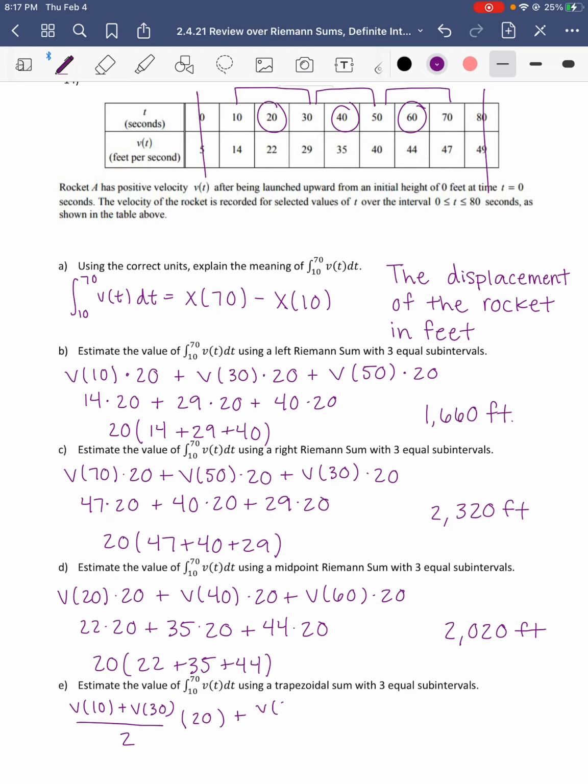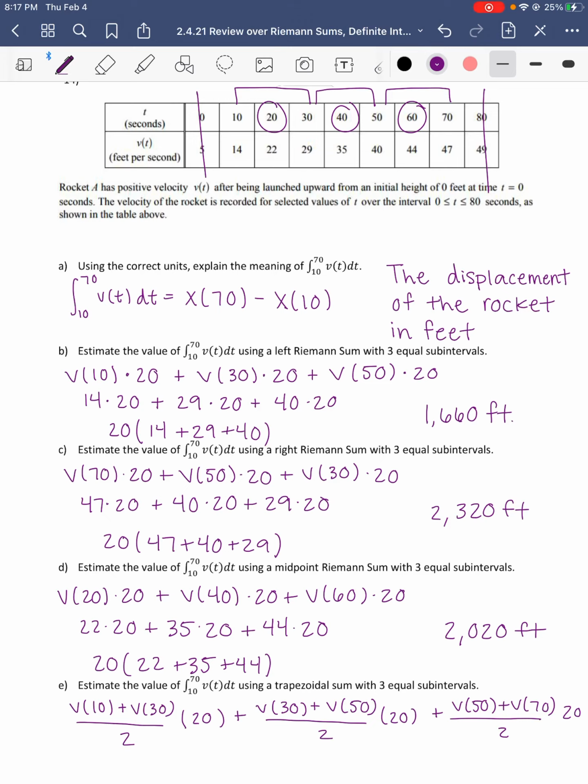Then we'd have V of 30 plus V of 50 divided by 2 times 20. And then V of 50 plus V of 70 divided by 2 times 20.